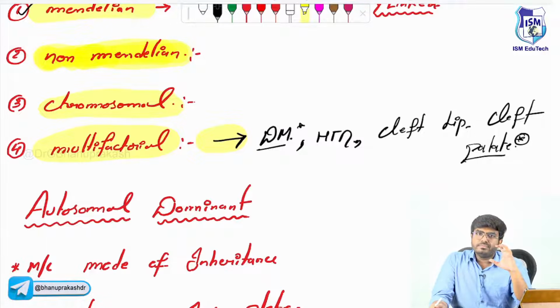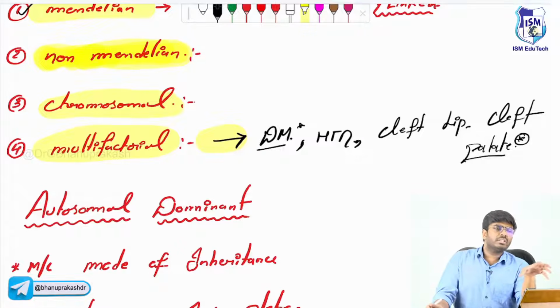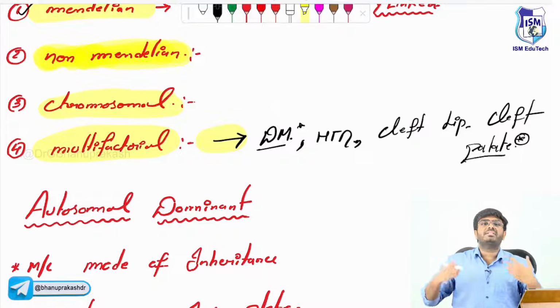So, which of the following diseases have multifactorial inheritance? Diabetes mellitus is not only dependent on the genes. If the patient is sedentary, not working, taking excessive amounts of sugars, there are more chances that he will get diabetes.